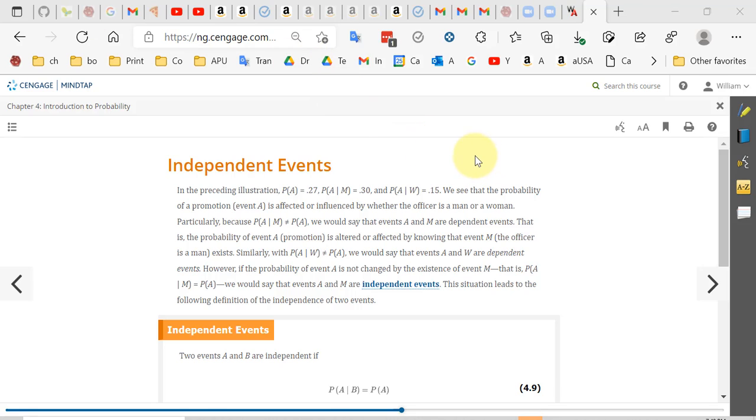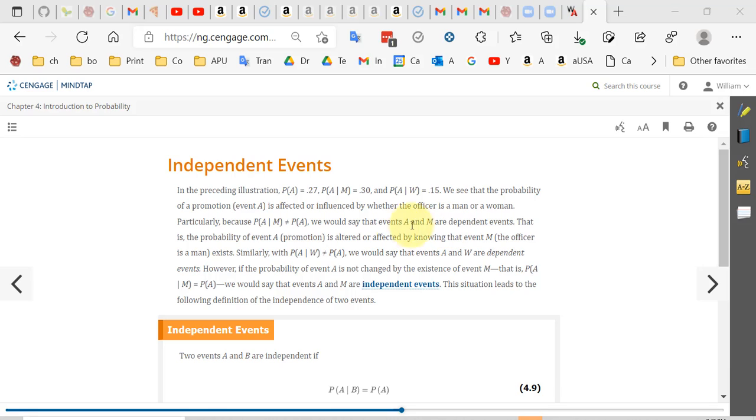We see that the probability of a promotion, event A, is affected or influenced by whether the officer is a man or a woman. Particularly because the probability of A given M is not equal to the probability of A, we would say that the events A and M are dependent. They're not independent.